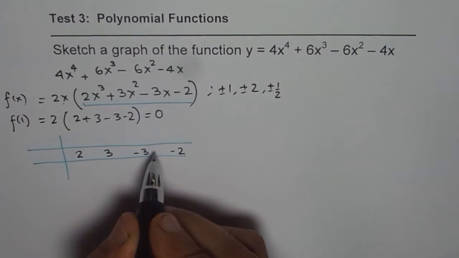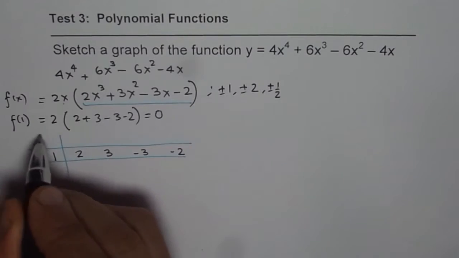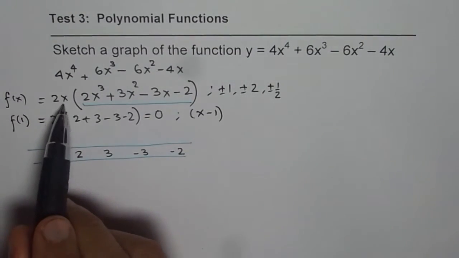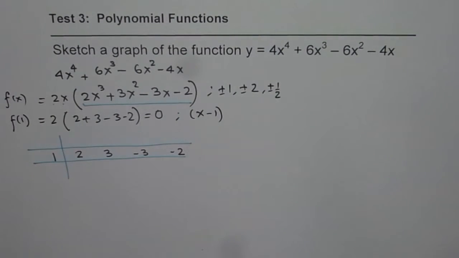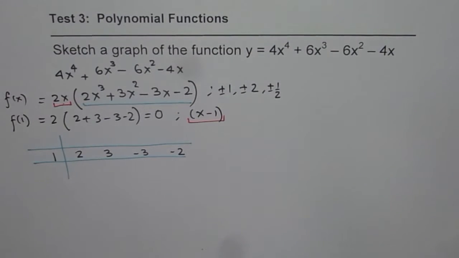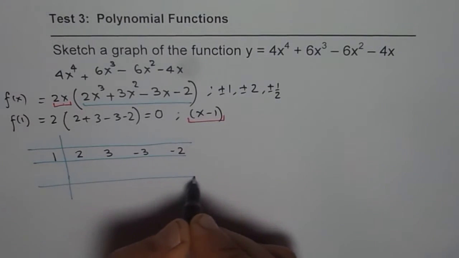We are going to divide by 1 since that gave us a 0, and so we know x minus 1 is a factor. So we already have a factor of 2x, and now we found another factor, which is x minus 1.